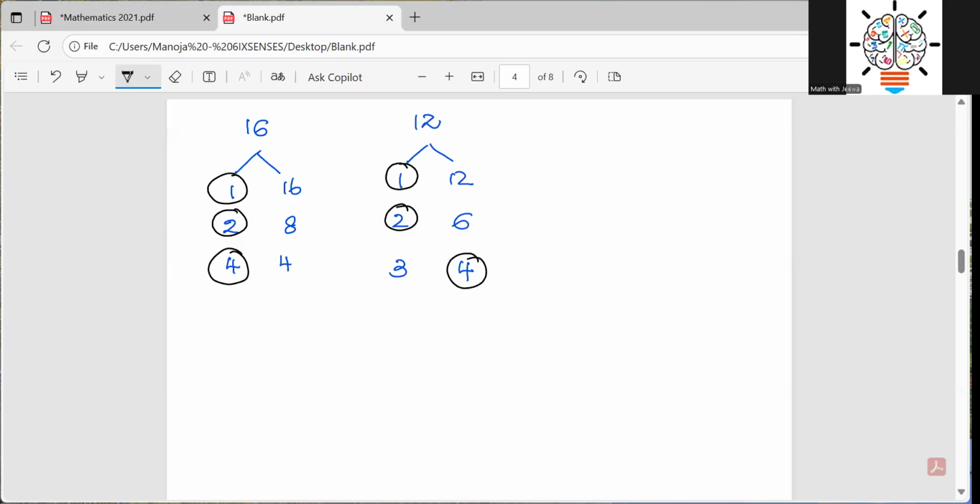So out of these, the common numbers are 1, 2, 4, right? So then I write here the common factors of 12 and 16. I can list them down: 1, 2, 4.